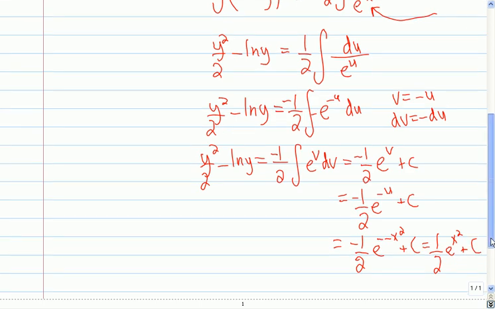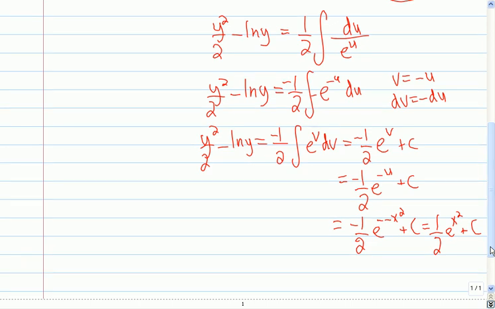So I'll just write the final solution up there, but what we had was y squared over 2 minus natural log y equals 1/2 e to the x squared plus the constant. And the point that we were given was 0, 1. So if I substitute in x equals 0, then this piece here is going to become a 1.